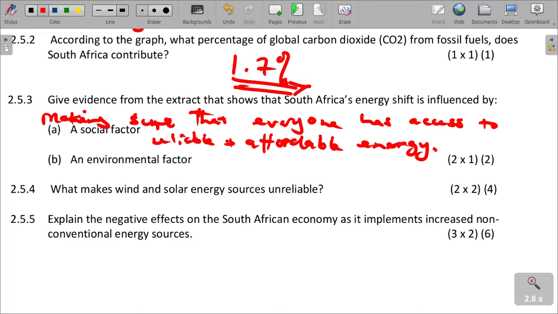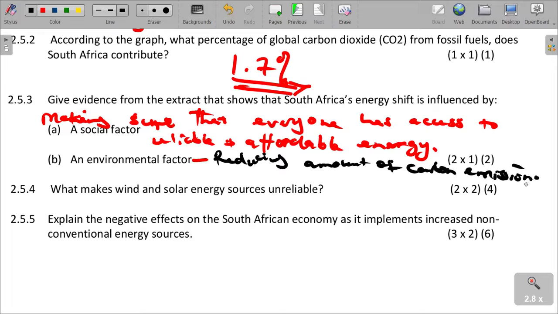Environmental factor. In terms of environmental factor, the decarbonization of the economy. Decarbonizing the economy, reducing the amount of carbon emission.